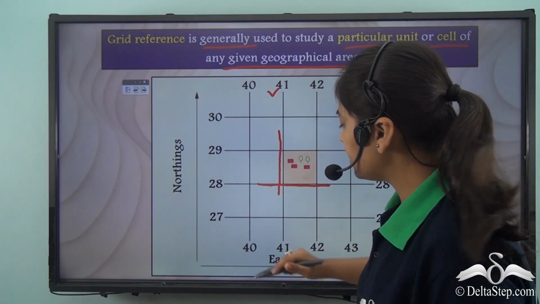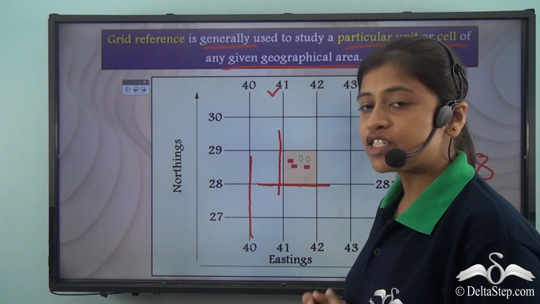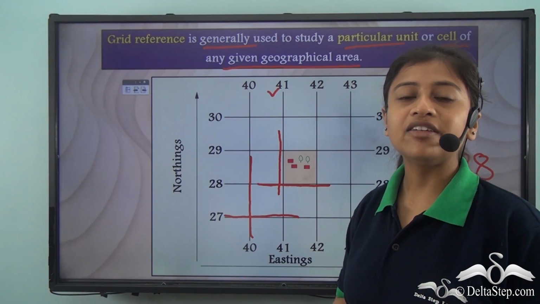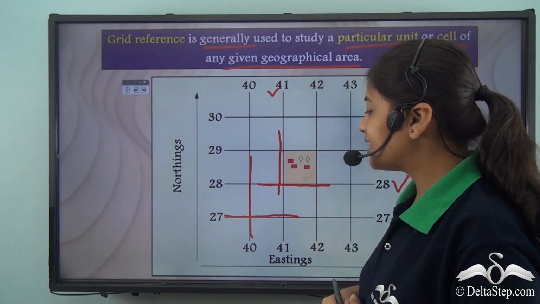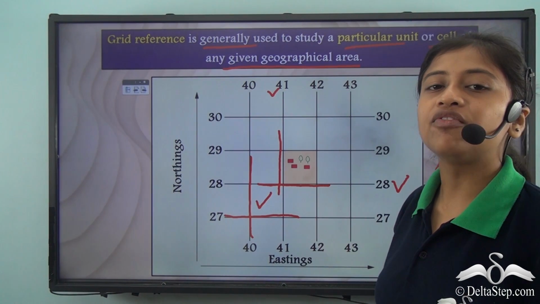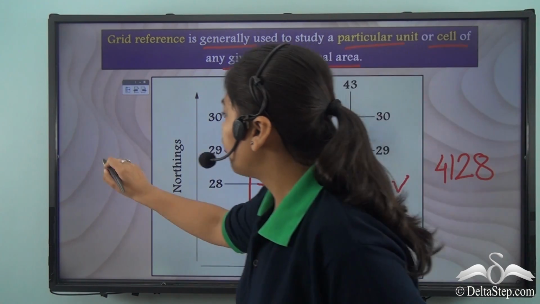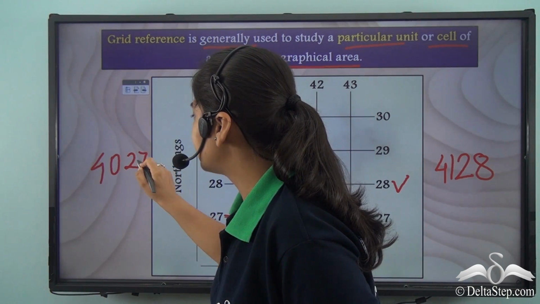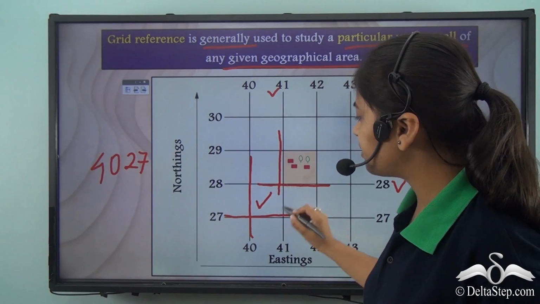So 40 from here and 27 from here would help us to identify that particular cell, and that cell or unit is this. So this is what we were referring to. So 40 and 27 is the grid reference of this particular cell.